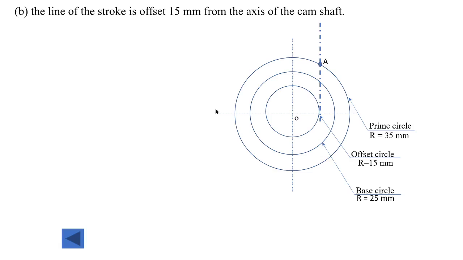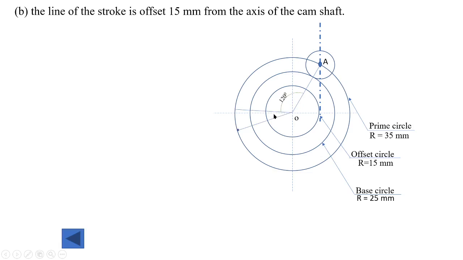Now with A as center and radius 10 millimeter, draw the roller. Connect OA. Now from line OA measure 120 degree. This 120 degree represents the outstroke.